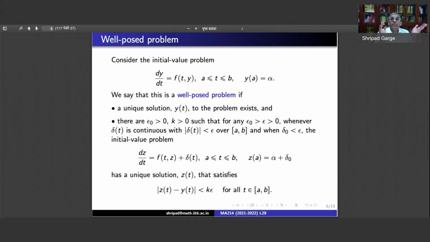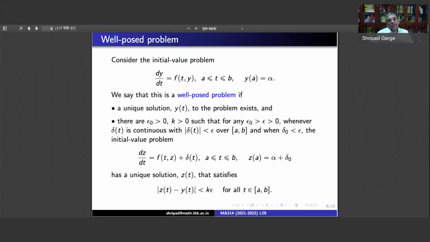And moreover, this unique solution z(t) should not be too far away from the solution to the original initial value problem. So the unique solution y(t) to the original problem and this solution to the new modified initial value problem should not be too far away.